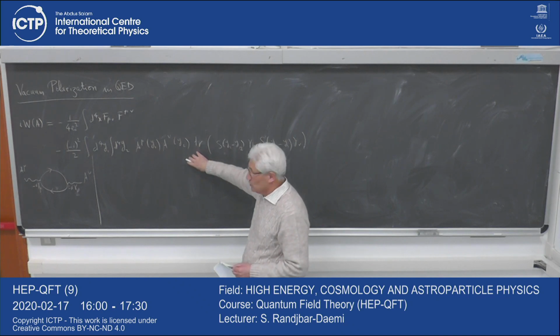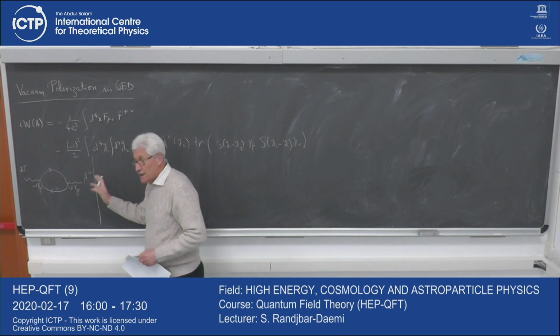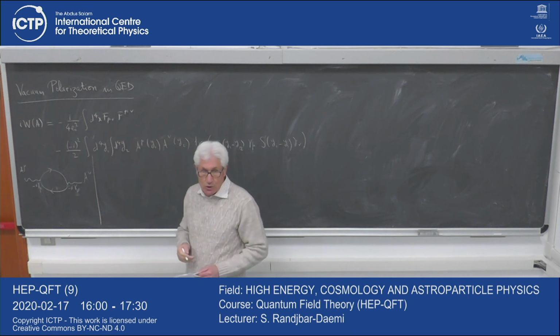And technically it's important because we will understand a little bit about the gauge invariance, the effect of the quantum loops on the gauge invariance. So far we have been dealing with the scalar fields, and there was no issue of gauge invariance for the scalar fields.